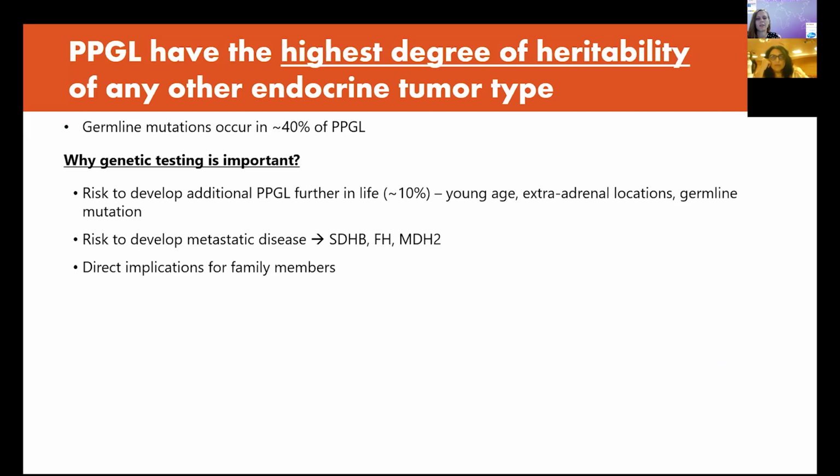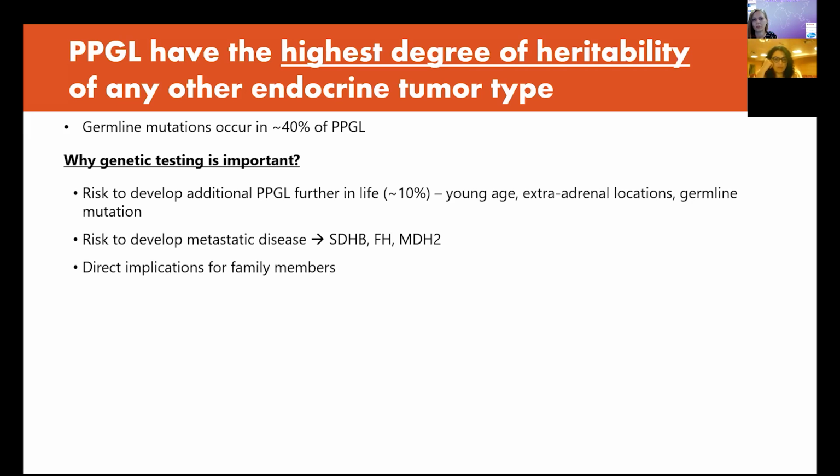The patient needs to know if he has a genetic mutation, because it can predict the development of another tumor in a different location. It happens in about 10% of the cases, and it usually happens at a younger age, and when the first tumor was found to be extra-adrenal, it means paraganglioma.